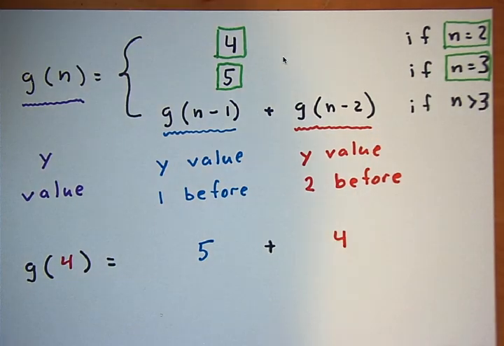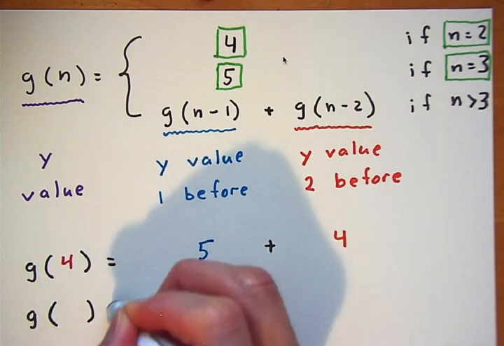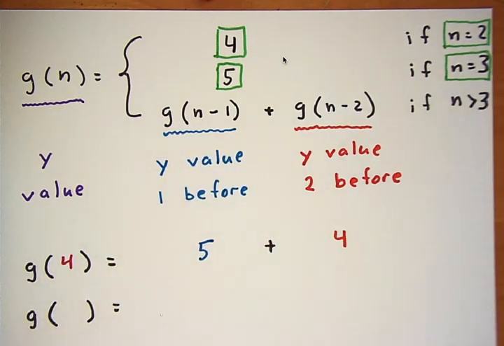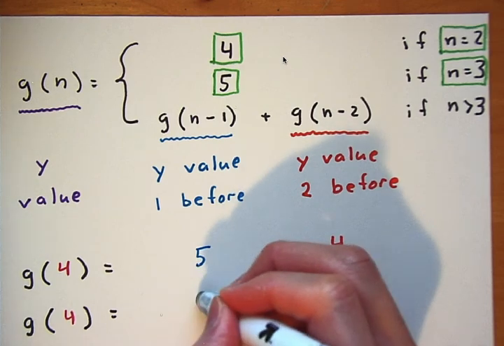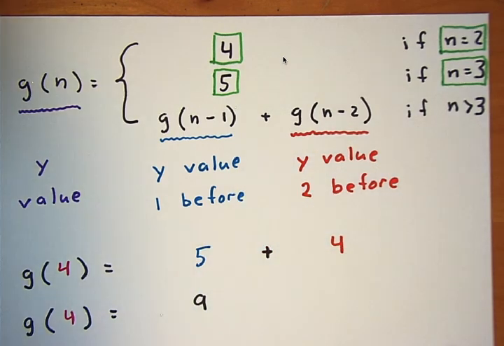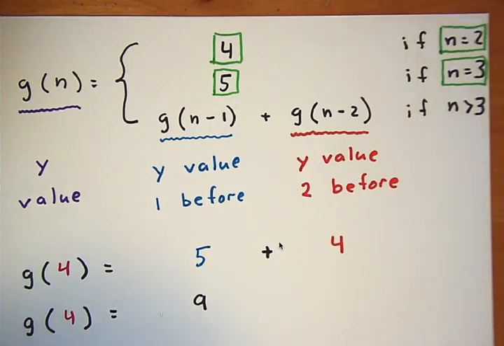Okay, so let's simplify. Your g of 4 is equal to 5 plus 4, which is obviously 9. So g of 4 equals 9. All right, pause here, take notes, hit play when you're ready to continue.